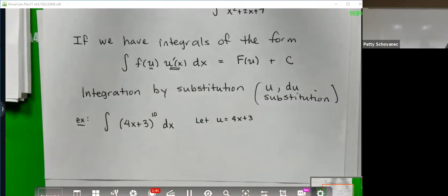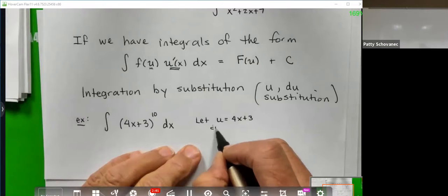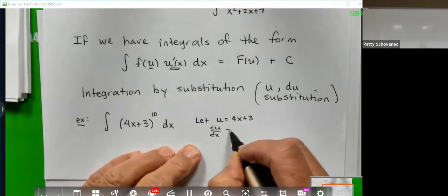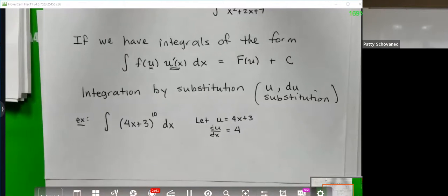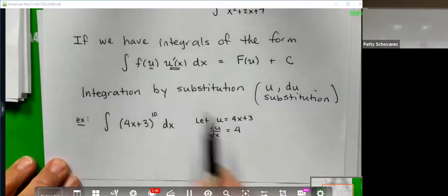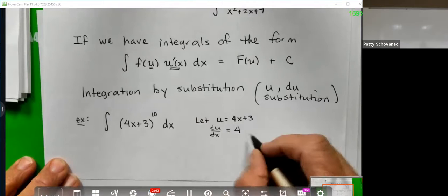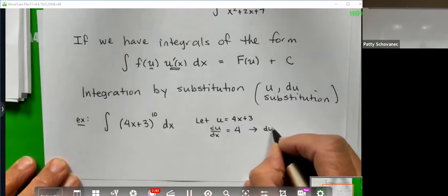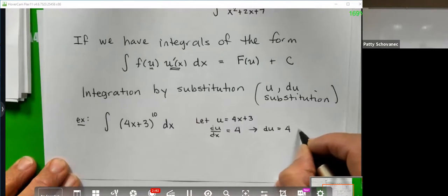Now in the chain rule, we have to take the derivative of that. The derivative of u with respect to x, in this case, is 4. I'm going to break this up as a fraction, the differential of u divided by the differential of x, and solve for the differential of u like this.